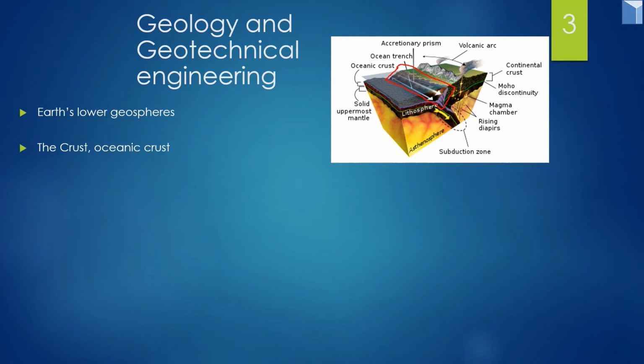The trench area is an active area where the oceanic crust moves below the continental crust, and this movement sometimes makes earthquakes without volcanic eruptions.